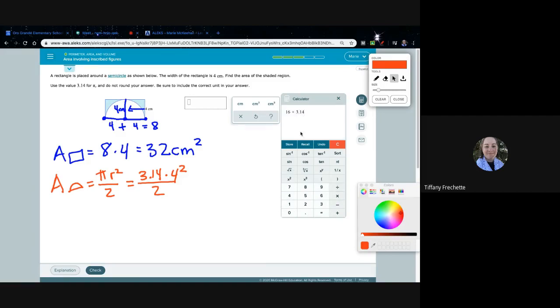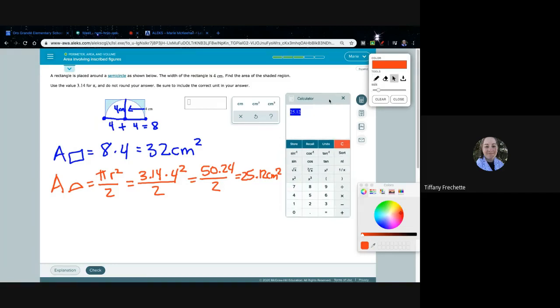Again, I put equals in between the squared just to make sure the calculator doesn't include anything funky in there. So we have 50.24 divided by 2. So we're going to divide by 2 equals 25.12 centimeters squared.